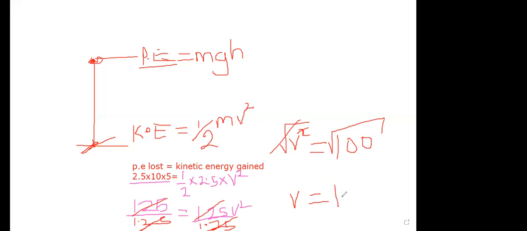So our answer for velocity will be 10 meters per second. That will be our velocity. Okay. So that is our question number 4. Yes. That is our answer.